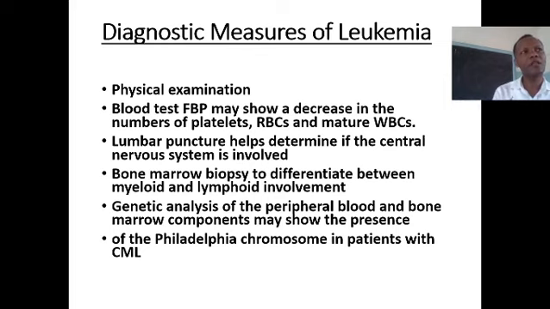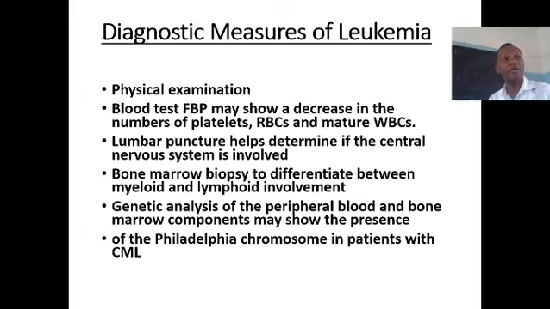Pia tutafanya lumbar puncture. Hii inatusaidia nini? To determine if the central nervous system has been involved. Lakini si hatuishia hapo, pia tunaweza tukafanya bone marrow biopsy, obtaining the biopsy, the tissue from the bone marrow, to differentiate between myeloid and lymphoid involvement.